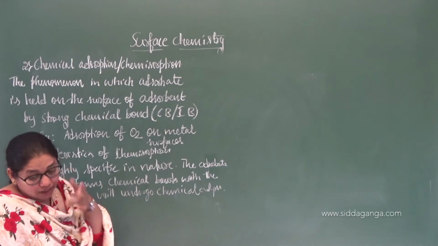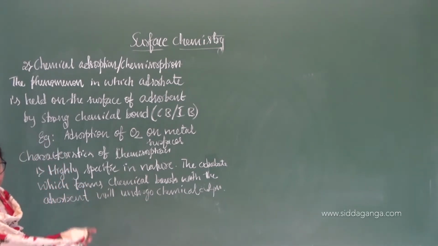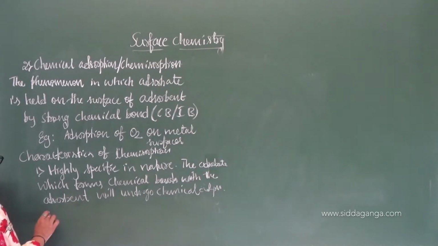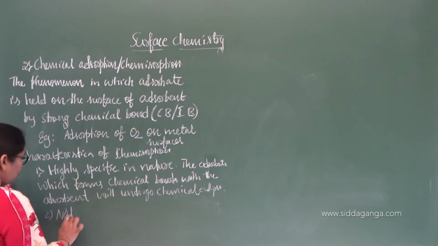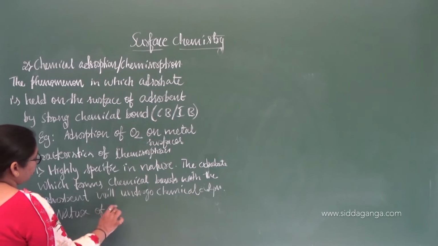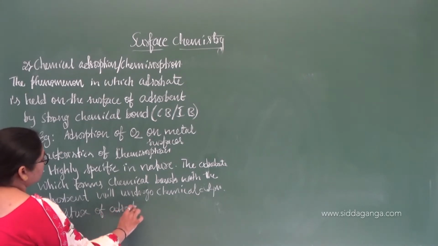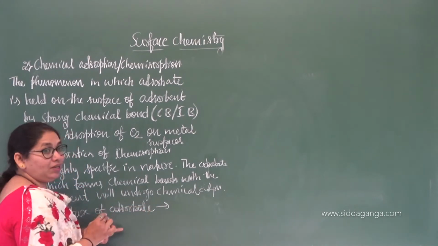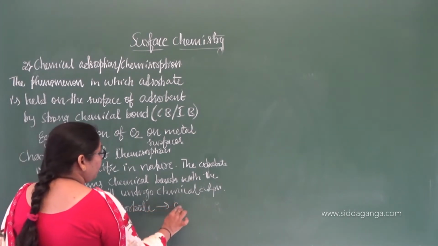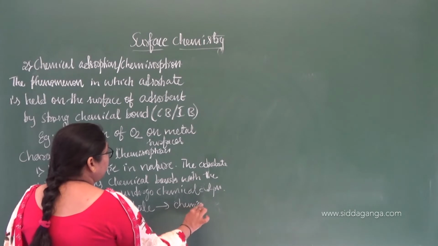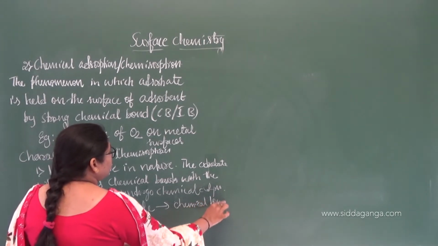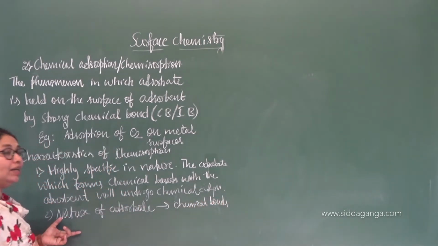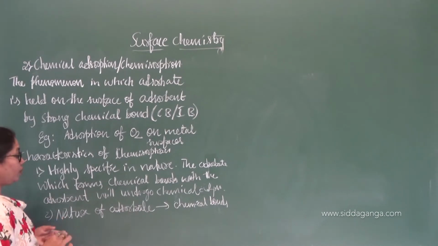The next point is the nature of adsorbate. Here again I can repeat the same: the adsorbate is the gas which forms chemical bonds, and only that will undergo chemisorption.